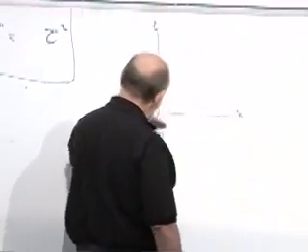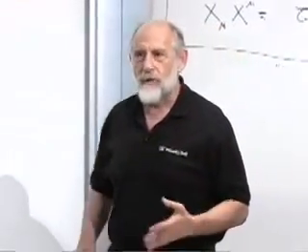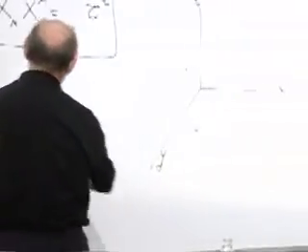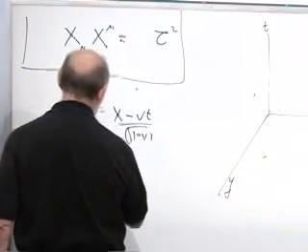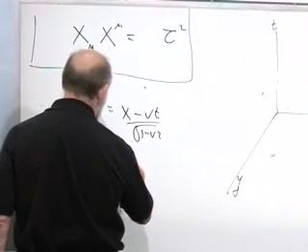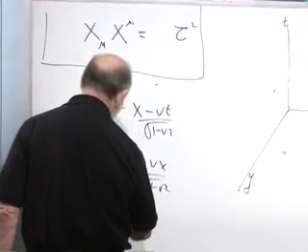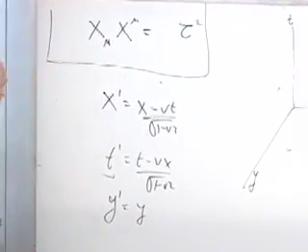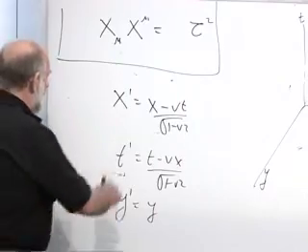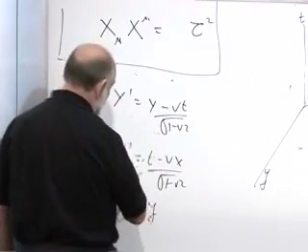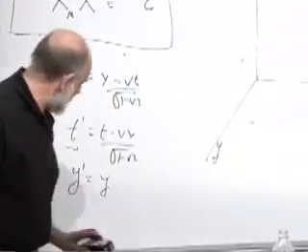Now, I think you could probably figure out, if instead of thinking of two observers moving relative to each other along the x-axis, suppose we had the second observer moving along the y-axis. Instead of writing x prime equals x minus vt over square root of 1 minus v squared, t prime equals t minus vx over square root of 1 minus v squared, and y prime equals y, and also z prime equals z, all you would really have to do is interchange x and y and write that y prime is equal to y minus vt, t prime is t minus vy, but x prime is equal to x.